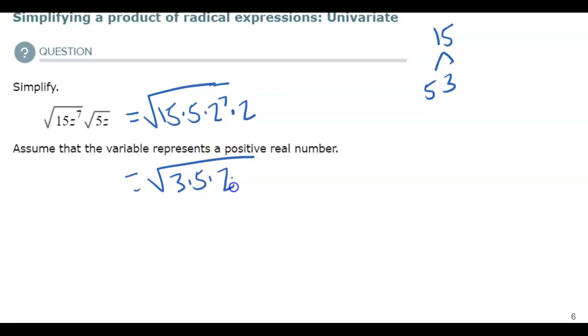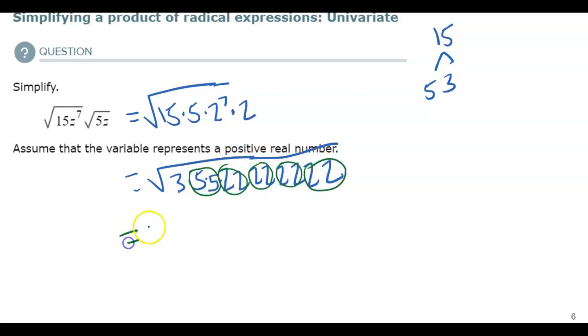I have 7 z's. Oh, I forgot that 5. I can group things by 2. Out comes a 5, z's, and then a 3.